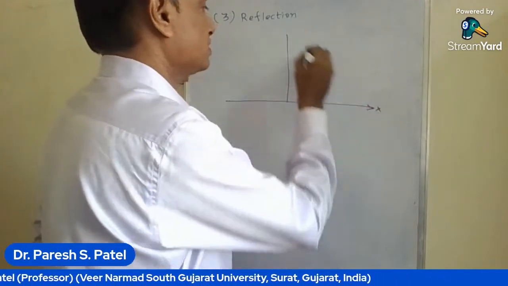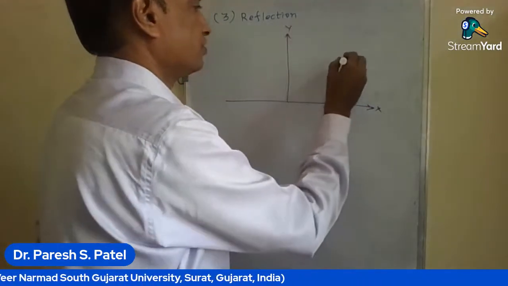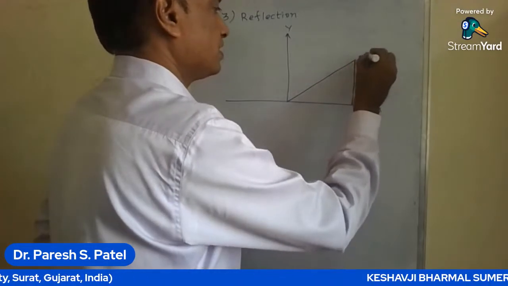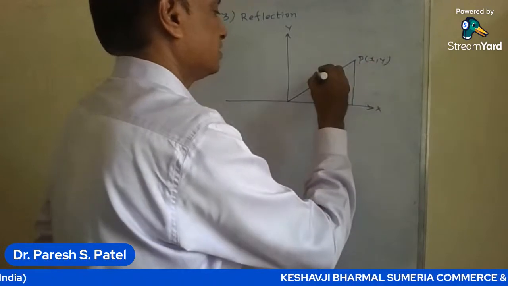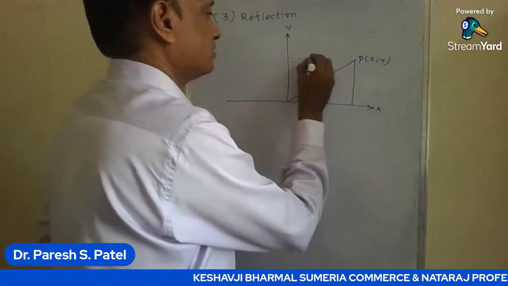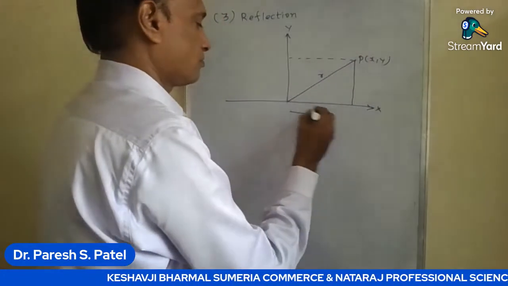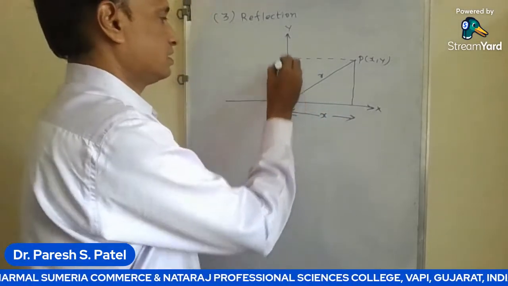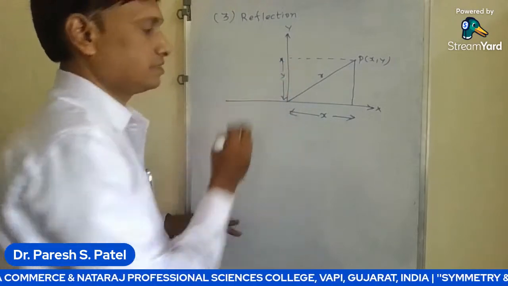This is a two-dimensional system x and y with the coordinates P, x, and y. The length is r, x, and y.